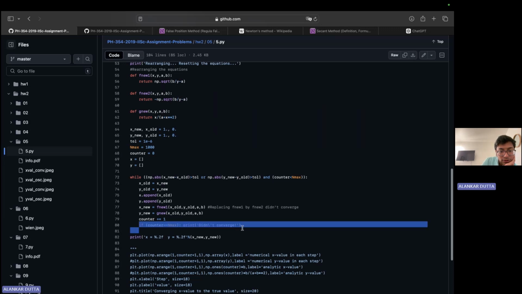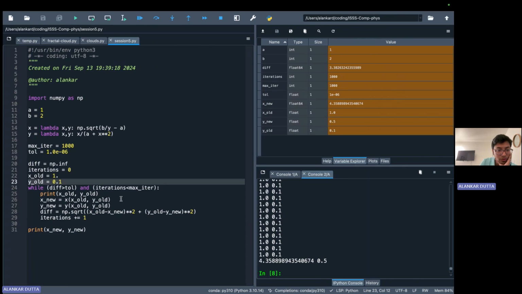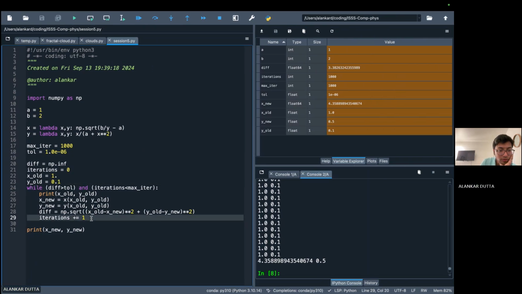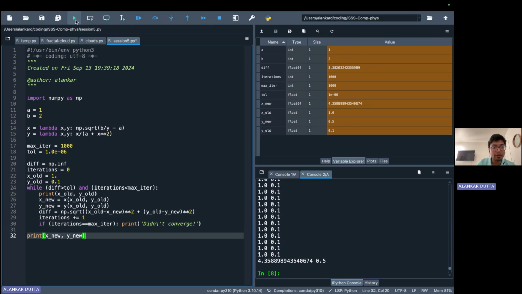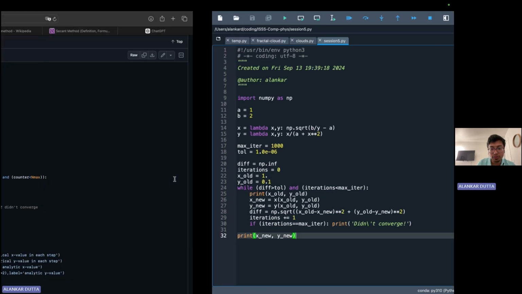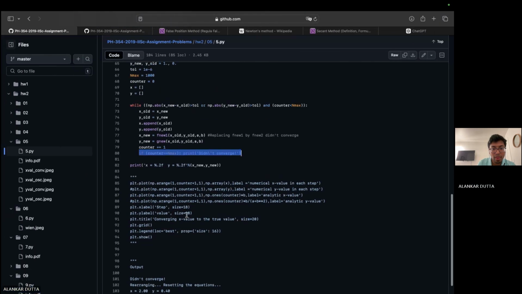Yeah, we can also give a statement saying that things have not converged in here. This will be iterations. Then we will just get a notice that it didn't converge, right?